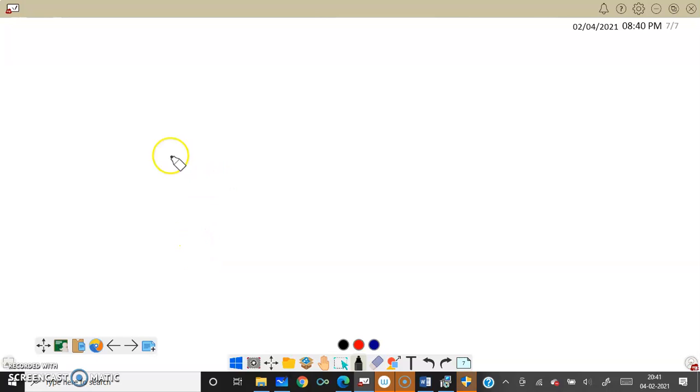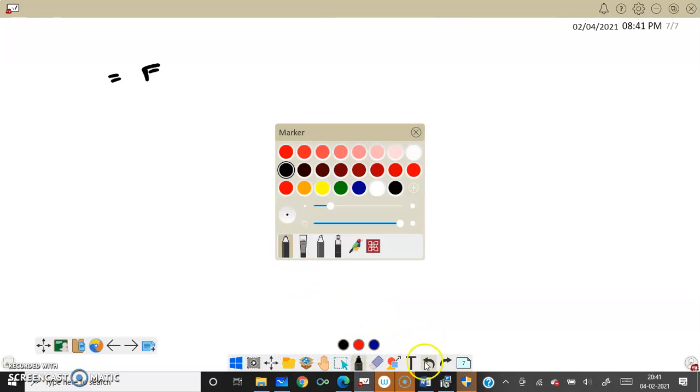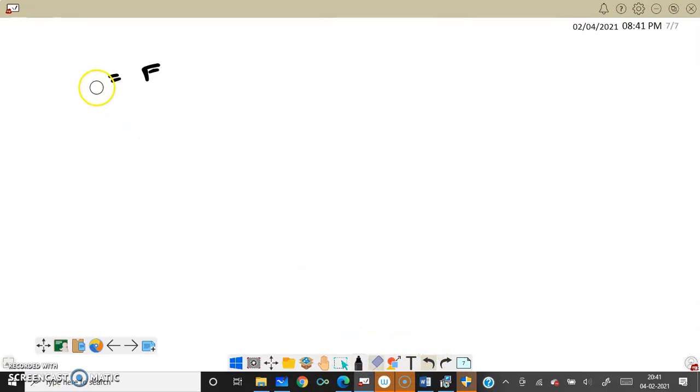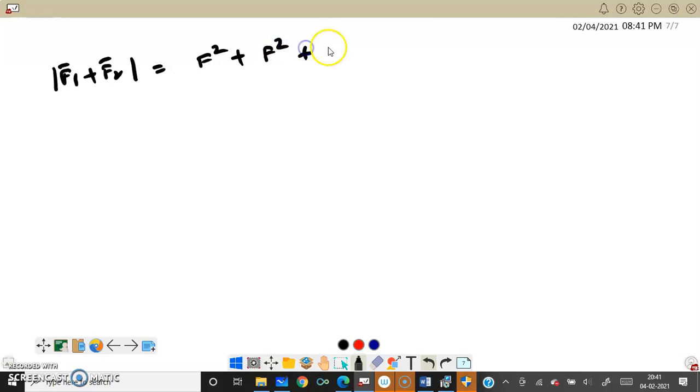Therefore this will be equal to F1 plus F2. We'll write once again. Modulus of F1 plus F2 is equal to the square root of F square plus 2F square cos alpha, right?